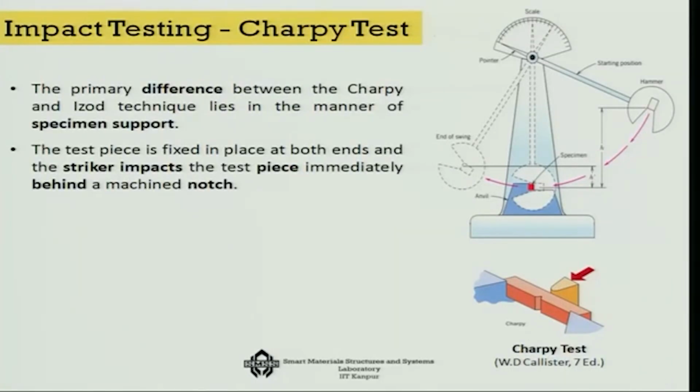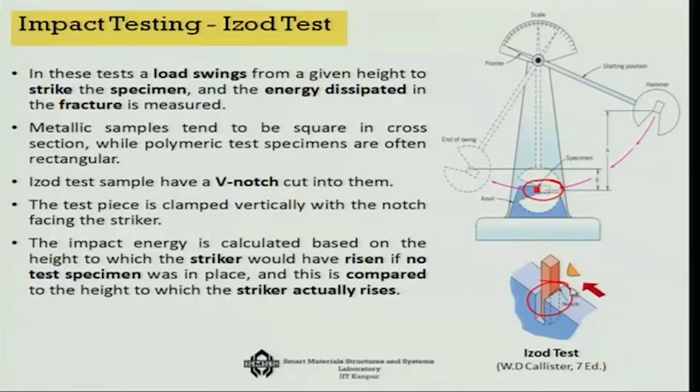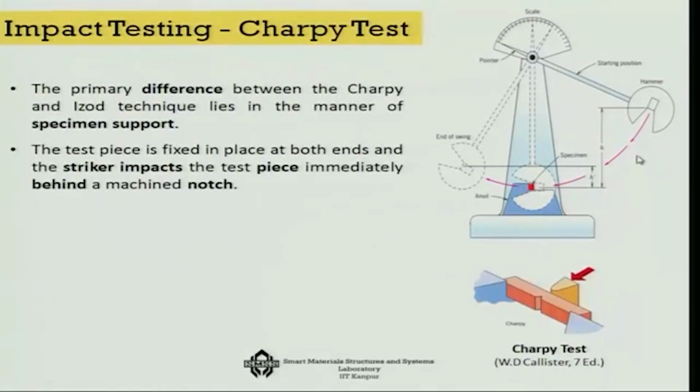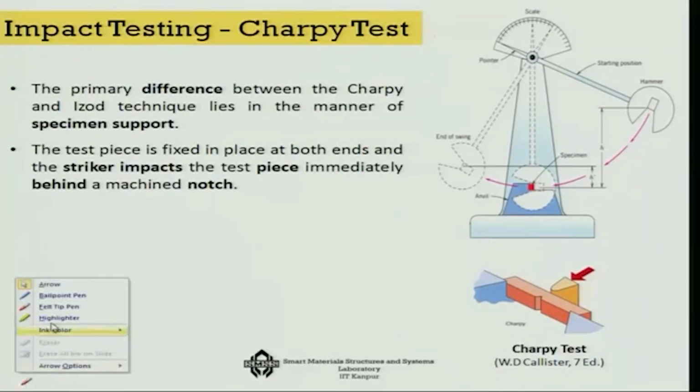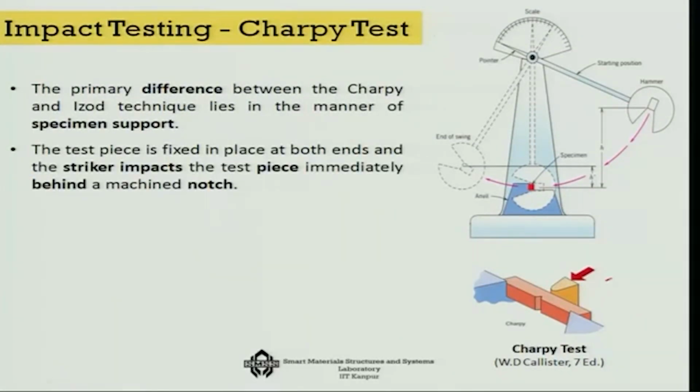Now, the difference between the IZOD test and the Charpy test is that in the IZOD test, you make a notch, and the notch faces the hammer. In the Charpy test, on the other hand, the notch is on the opposite side of the hammer.